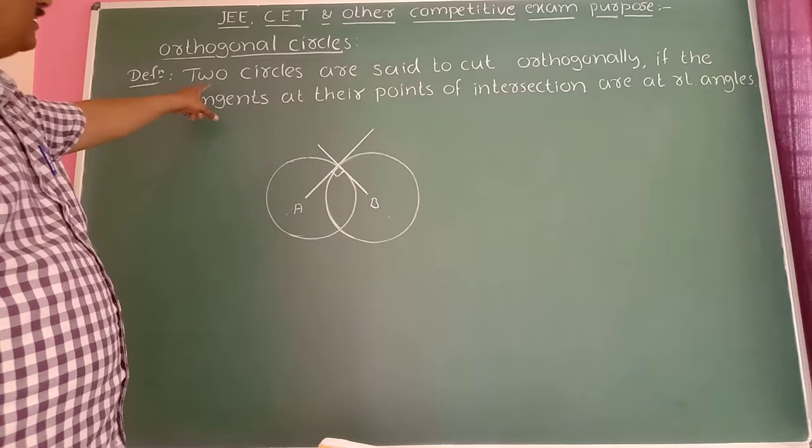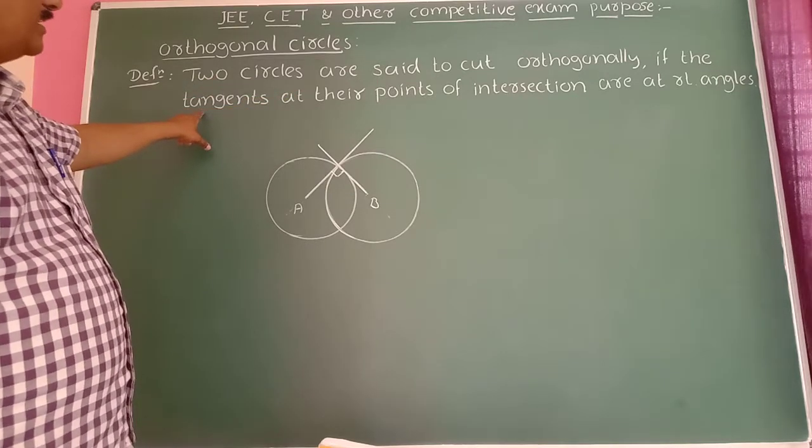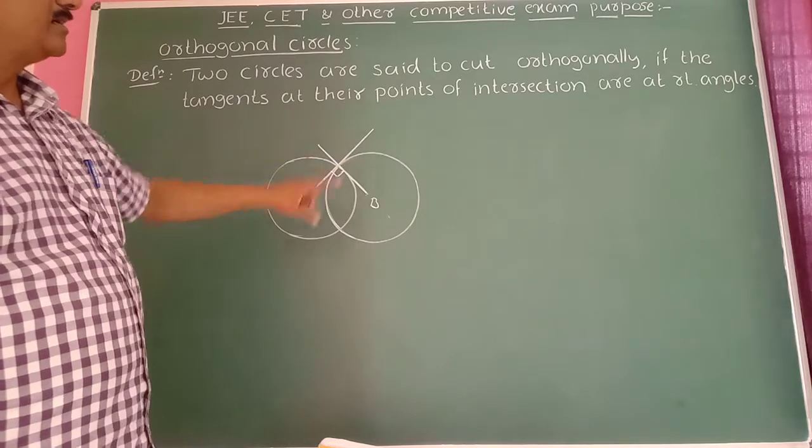So the definition is: two circles are said to cut orthogonally if the tangents at their points of intersection are at right angles.